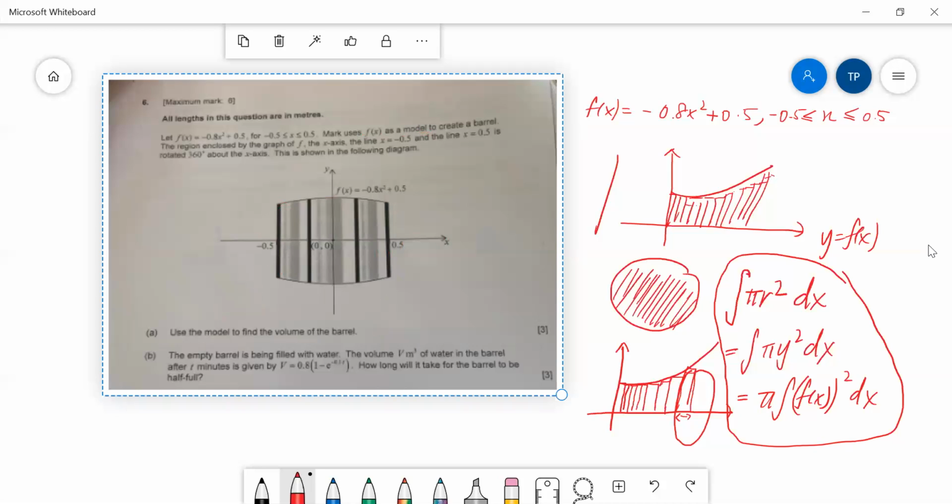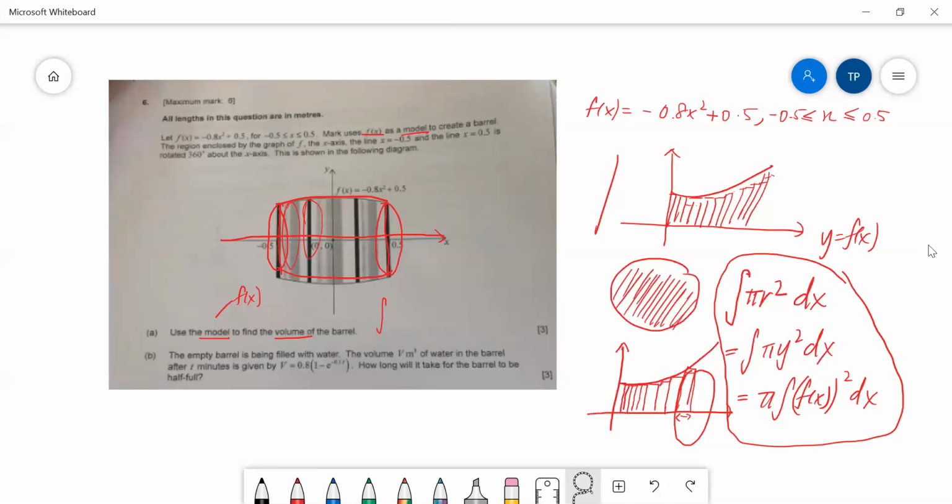From here, we know what the f(x) is. The f(x) is minus 0.8x squared plus 0.5. So you just put that into the calculator. Is this paper 2? Yeah.